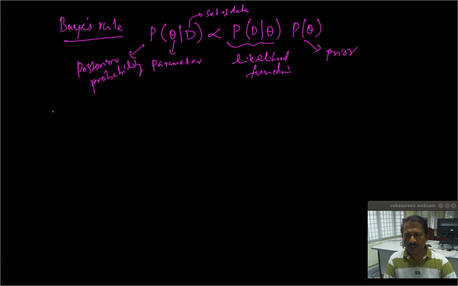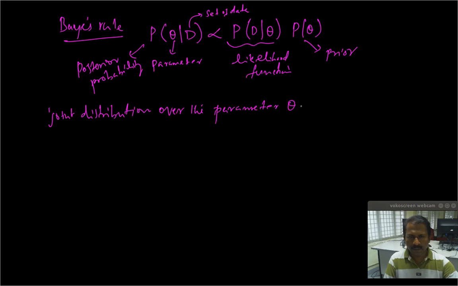So the approach is basically that we have to have a joint distribution. We create a joint distribution over the parameter theta and the observations. So what is our observation?